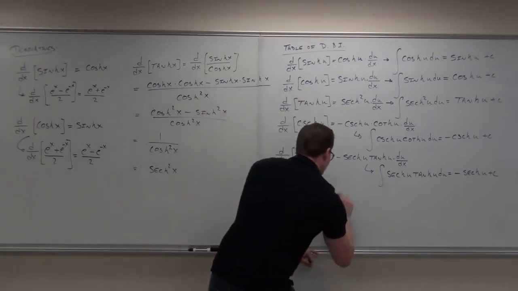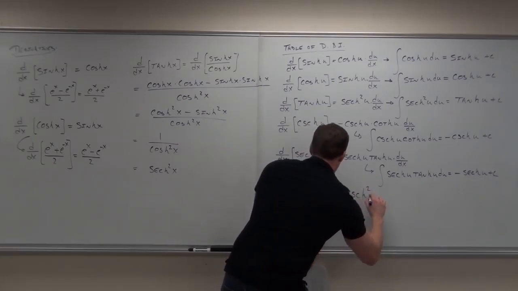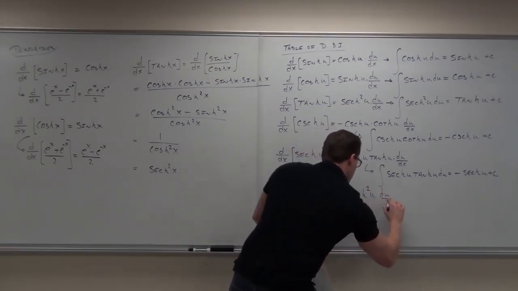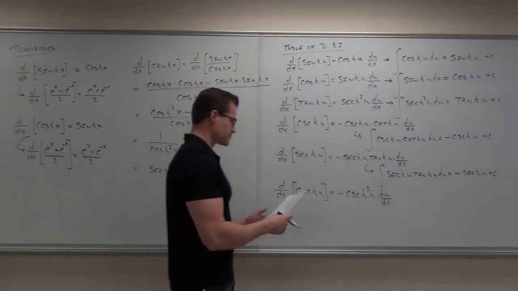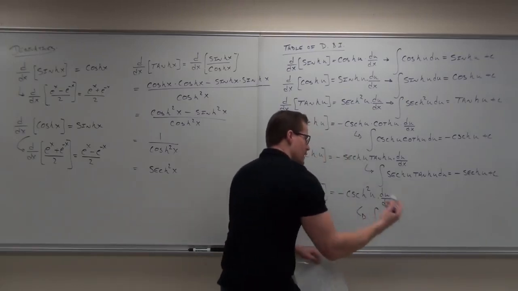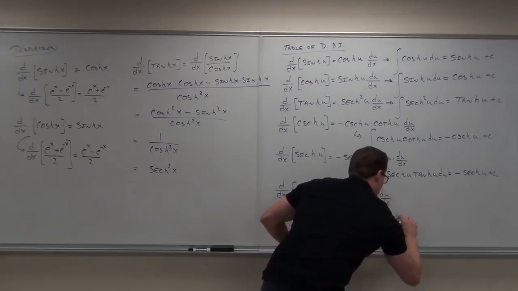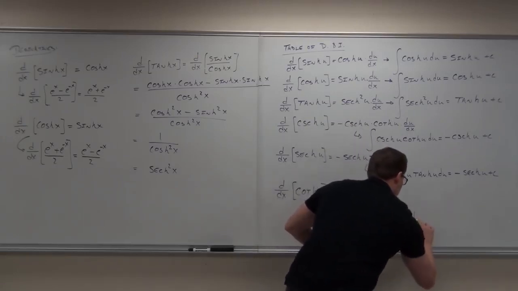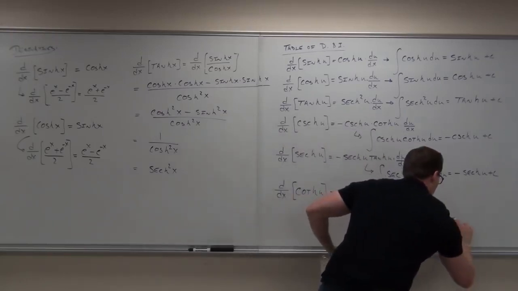So negative hyperbolic cosecant squared, of course, du dx by our chain rule. Which means when we get an integral with hyperbolic cosecant squared in there, we know that that's going to be equal to negative hyperbolic cotangent.